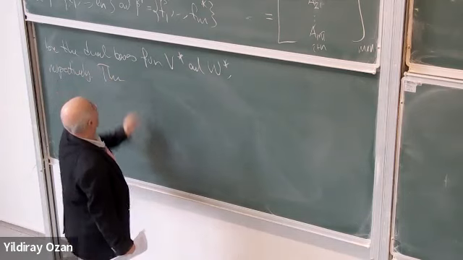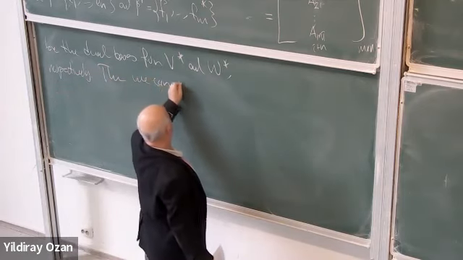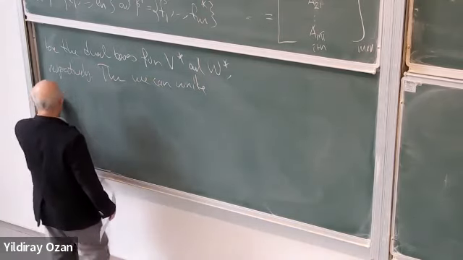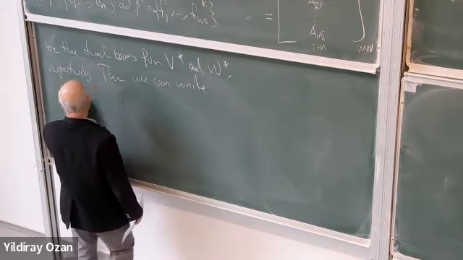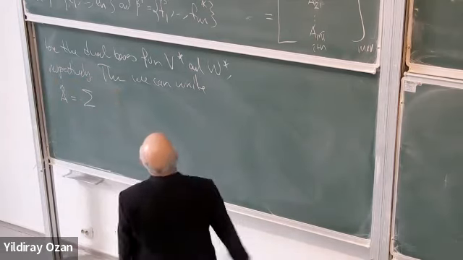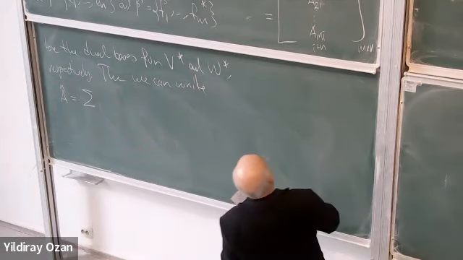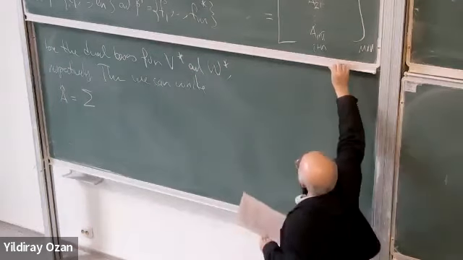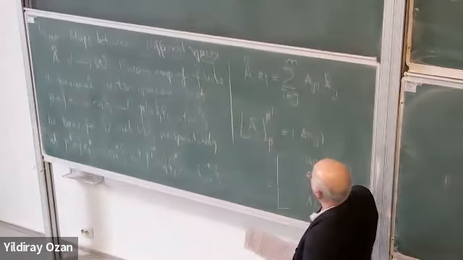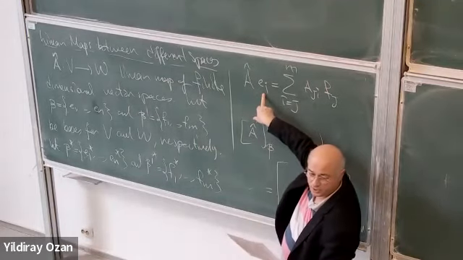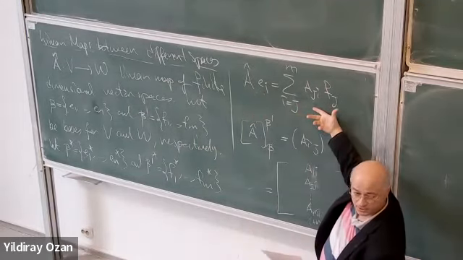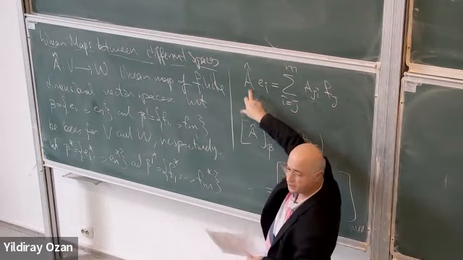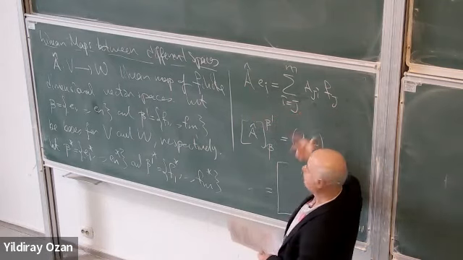Then we can write the linear map as the following gadget. When this guy eats the vector e_i, it gives us this expression, right?